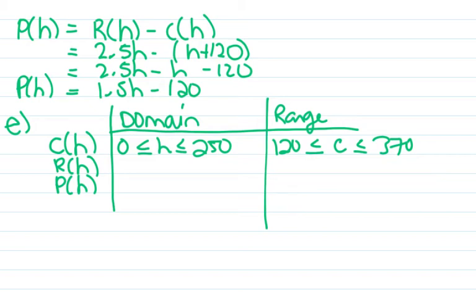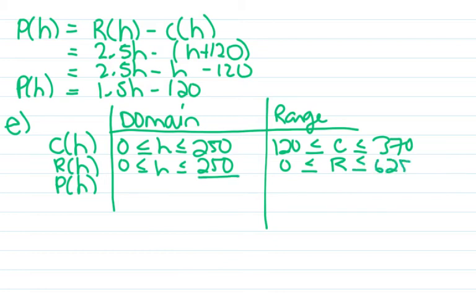The revenue, the domain will be the same. He can still only sell between 0 and 250 hot dogs. And the range is going to be from 0 up to 625. And again, that's just plugging in 250 into the revenue equation.